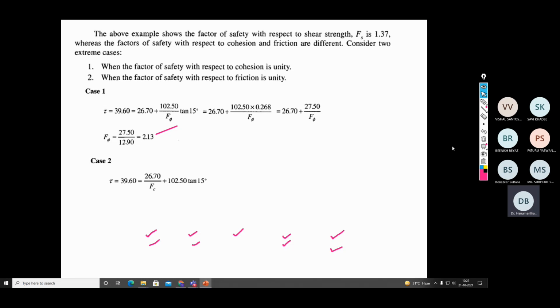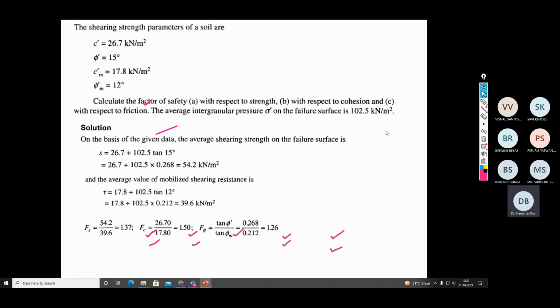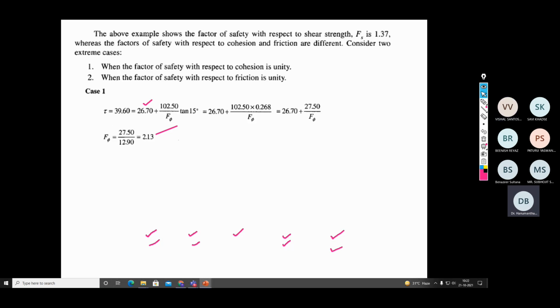Okay. No, sir, this is right, sir. Tan 15 is right, sir, because we are dividing this factor of safety, we convert to the final cohesion or ultimate cohesion. So 26.7. Right. This is correct.